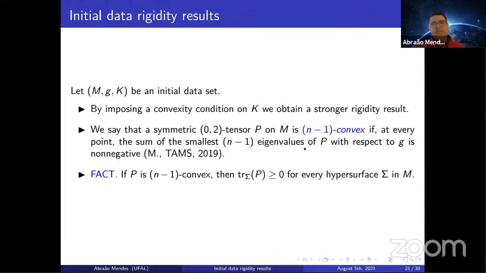So we say that a 0-2 tensor P on a Riemannian manifold M is n-1 convex if at every point the sum of the smallest n-1 eigenvalues of the tensor with respect to the metric g is non-negative. Okay. It's not difficult to see that if P is n-1 convex, then the trace of P with respect to every hypersurface sigma is non-negative.